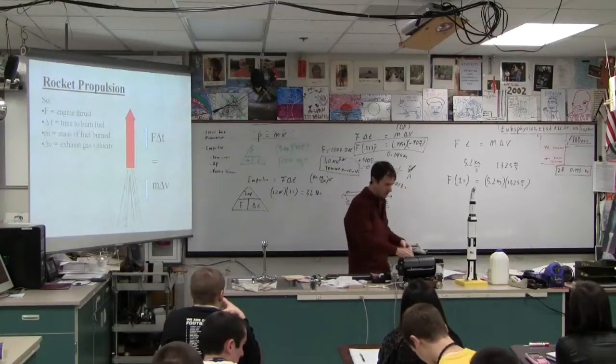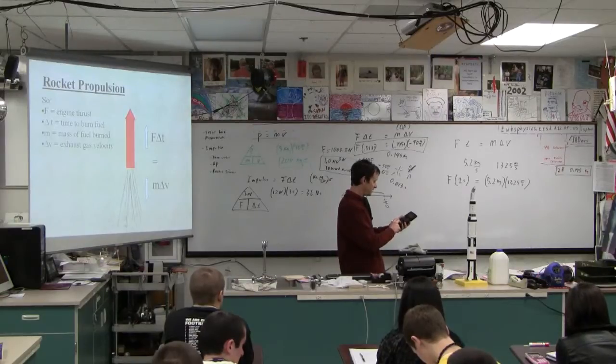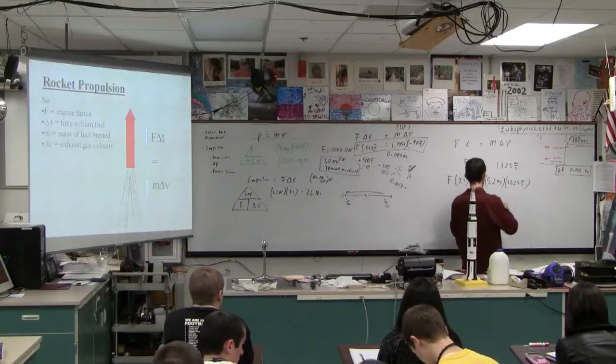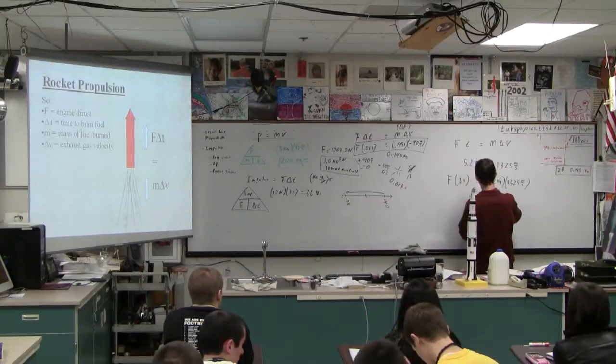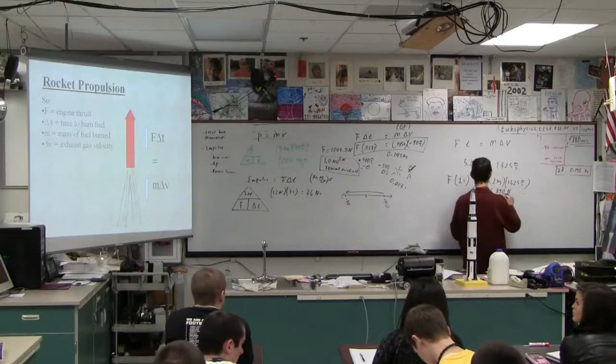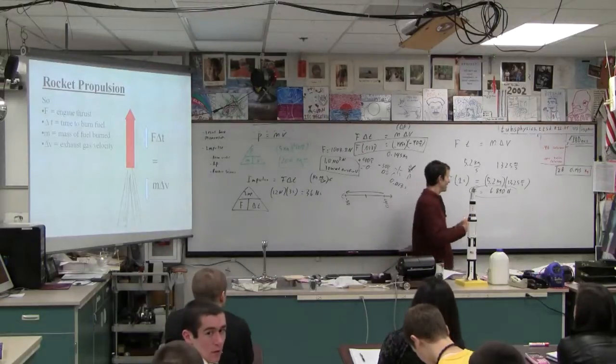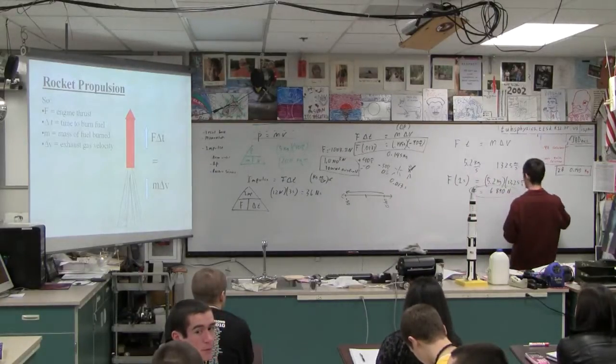So we can do this. This is a lot of thrust. 5.2 times 1325. This is 6,890 newtons of thrust. If this were an Estes rocket engine, it would be an X6890 engine or something like that.